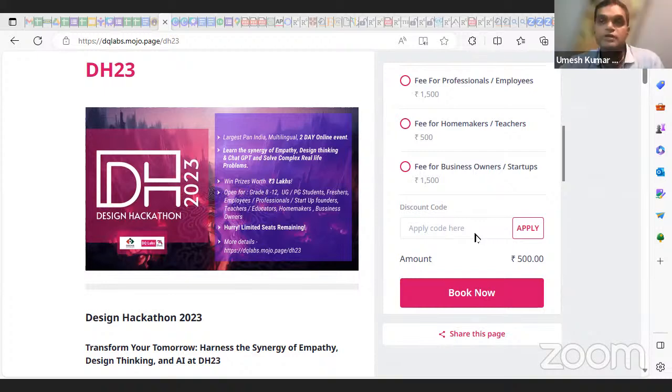Right. So Dion, I would like to just add the benefit for the students and the participants, why they have to attend. Okay, so most of the attendees here, if they are appearing for the design entrance exams, there are three very specific benefits that they get by participating in this. Number one is the outcome of this particular event can directly go into their portfolio as a proper design project.